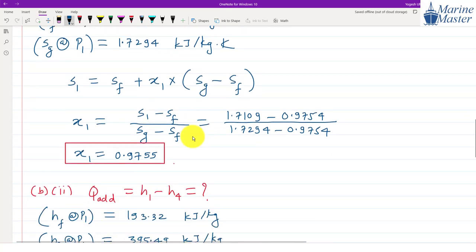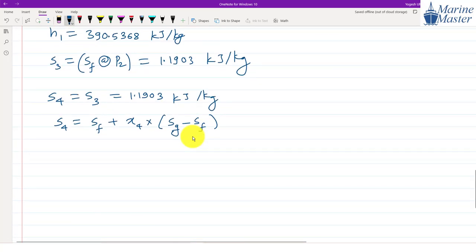See the scenario. So S4 value is 1.1903. What will be the value of SF? 0.9754. SF at P1 we have to consider.